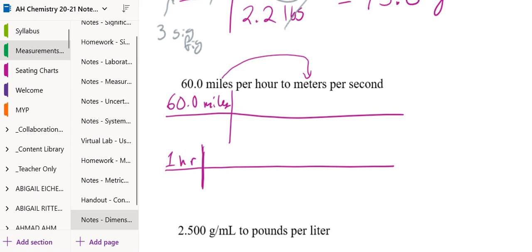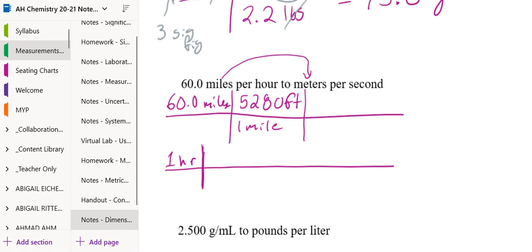Okay, so I'm going to start working on miles. You could have worked this differently with different conversion factors. I'm going to go from miles to feet. 1 mile is 5,280 feet.